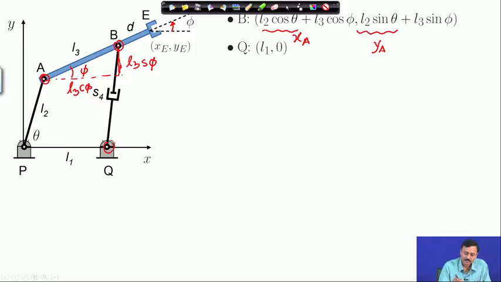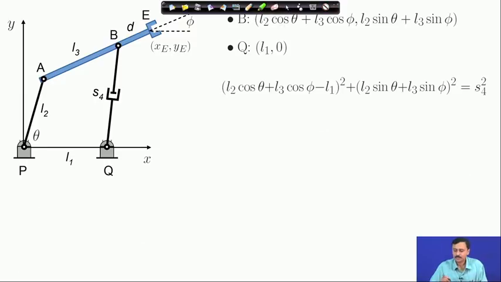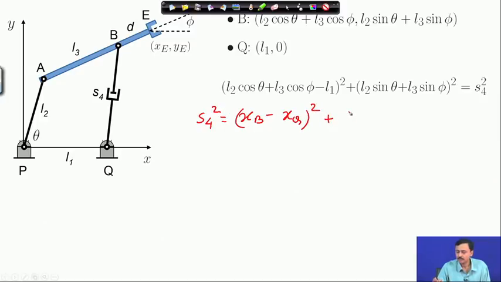And we have the coordinates of point Q as L1 comma 0. Therefore, the length S4 I can express. So, S4 square is nothing but XB minus XQ square plus YB minus YQ square.